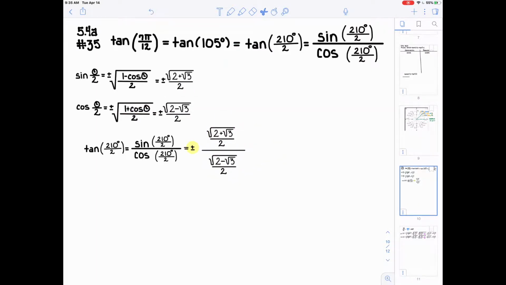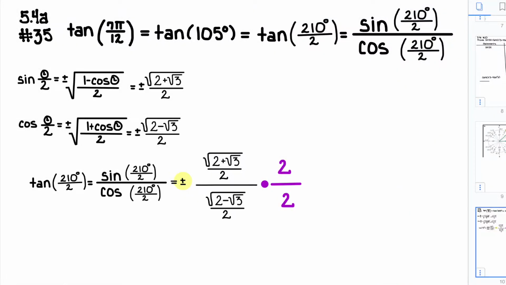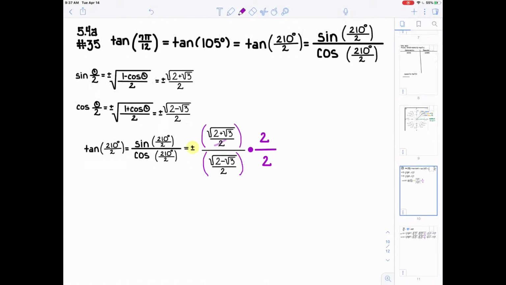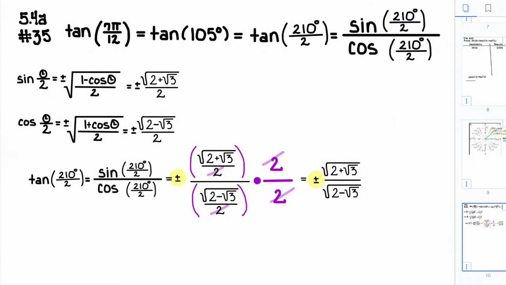Now to get rid of the fraction within the fraction, we can multiply the numerator and denominator by 2, distributing the 2 through the numerator and the denominator. These 2's cancel, and we get this.